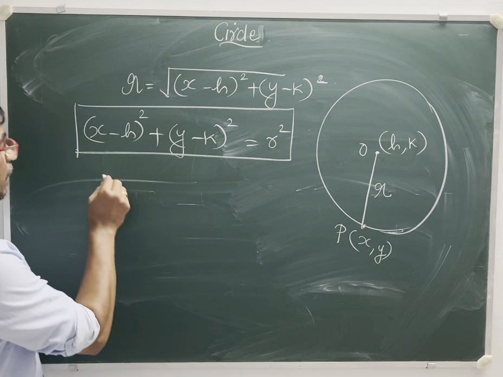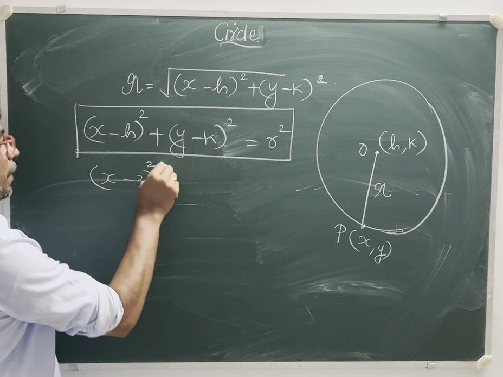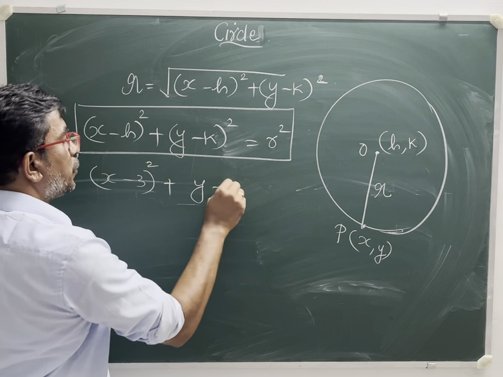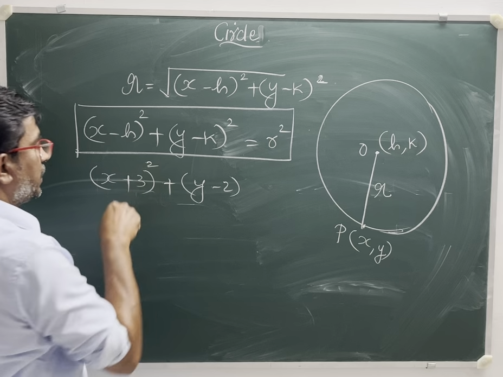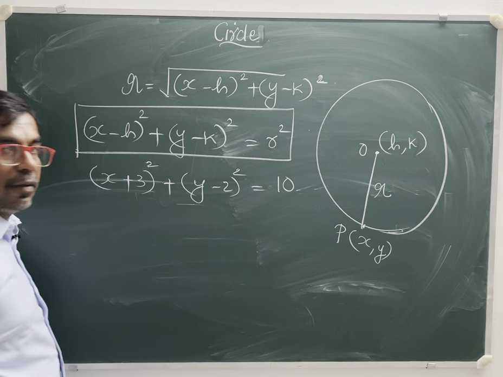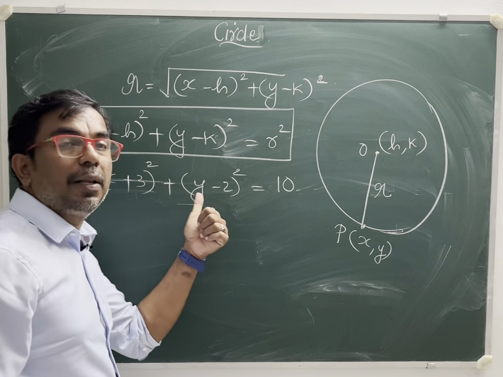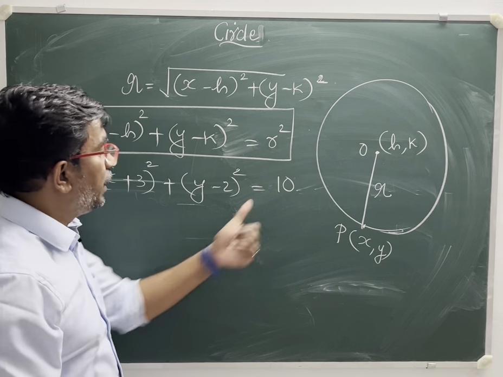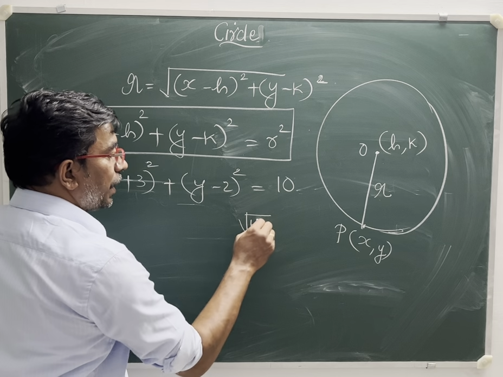If somebody tells me x plus 3 the whole square plus y minus 2 the whole square is equal to 10, I can easily tell the radius of the circle. The radius will be square root of 10.